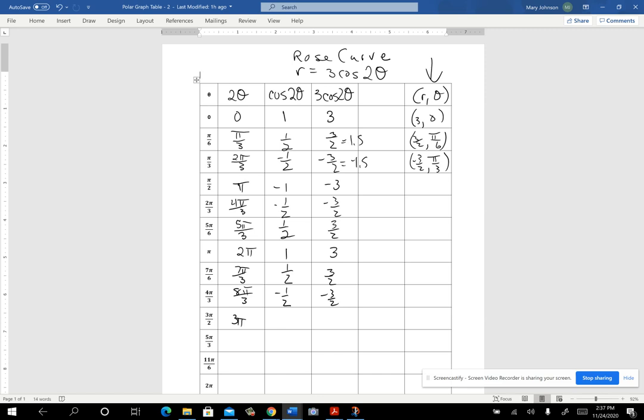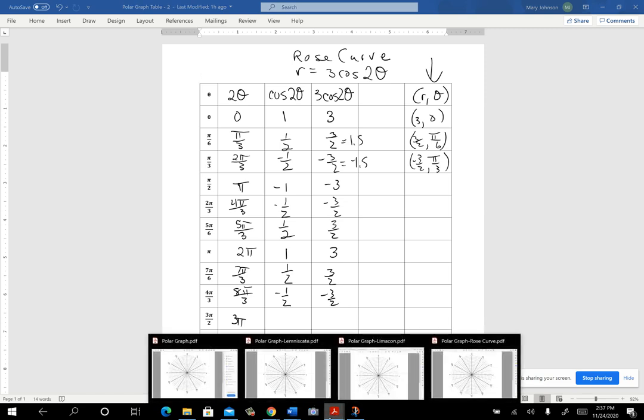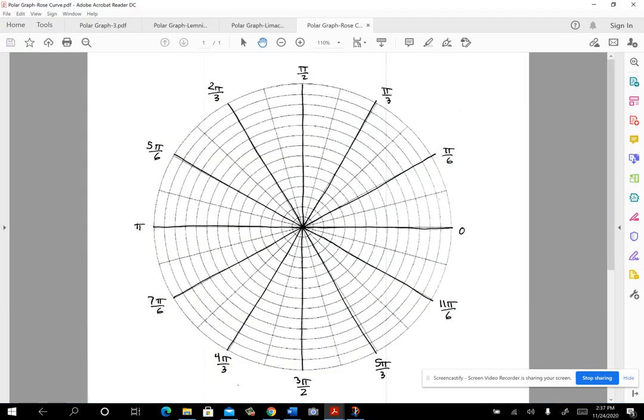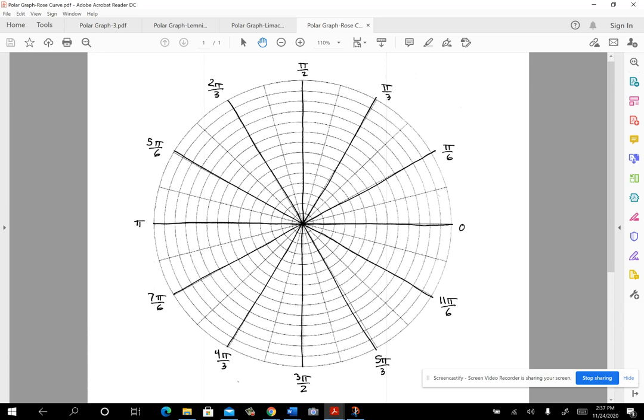Okay, so let me pull up another piece of graph paper. We'll do the rose curve. All right, so when you do the rose curve, this one's kind of interesting and fun. Let's see what we wind up getting as we plot those. Oops, let me snip it so I can write on it.